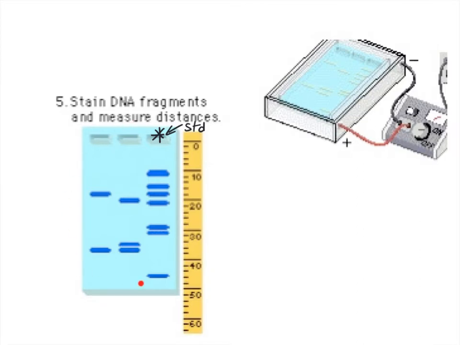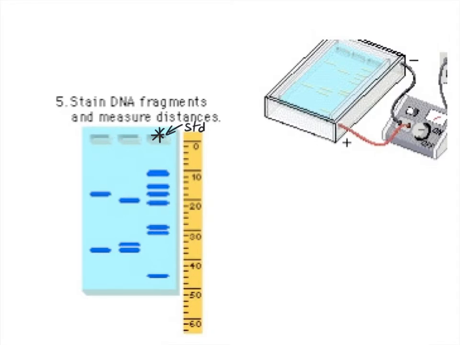Then you're going to take a ruler and set it up so that the zero line of the ruler is lined up with the wells of the gel.